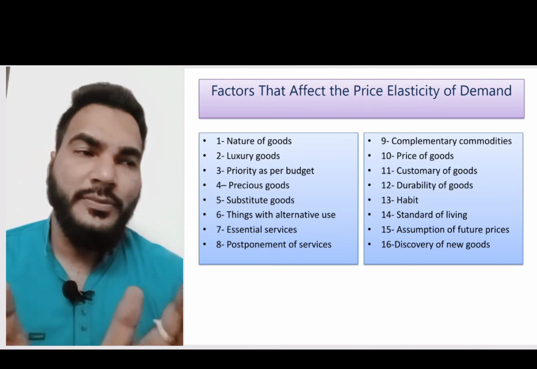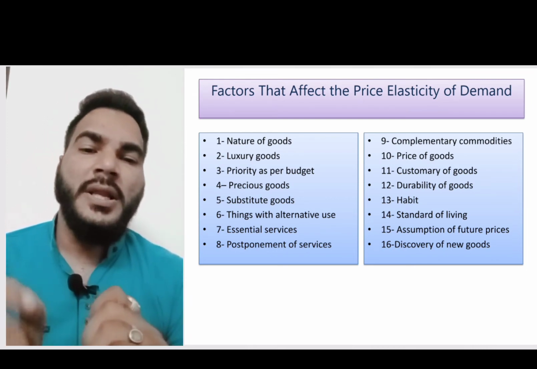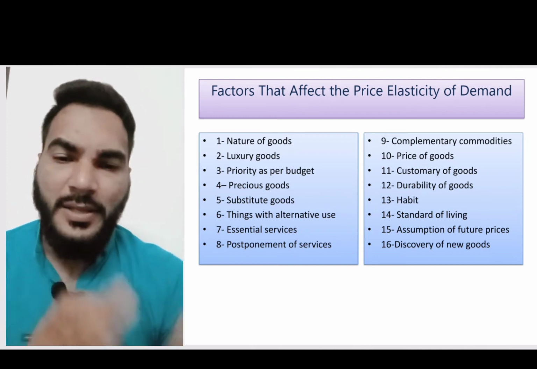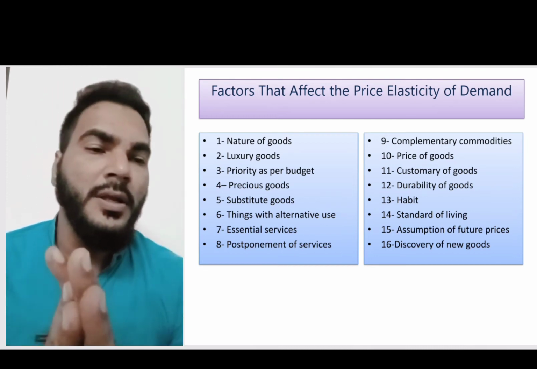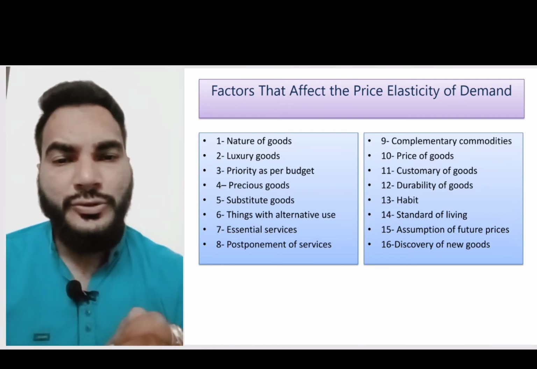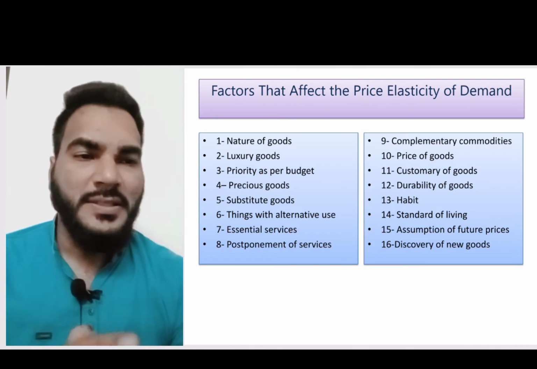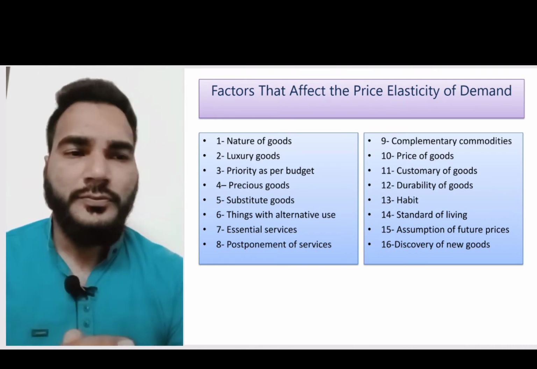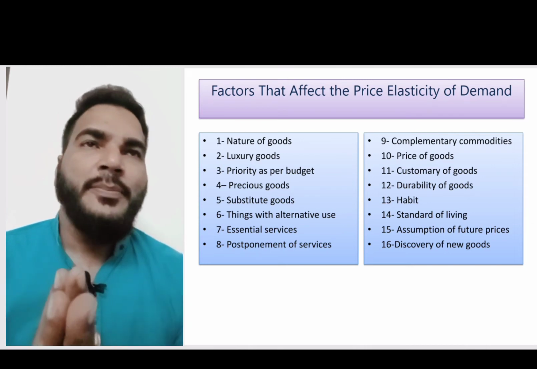Many customers would think they should take advantage of the bike because the rate is much less compared to the Activa. So substitute goods also play an important role, and that also affects the price elasticity of demand.